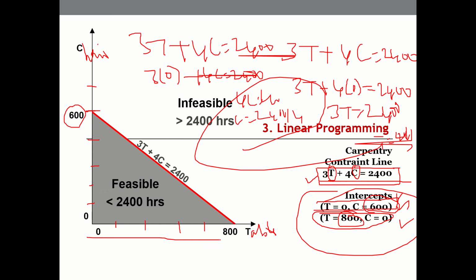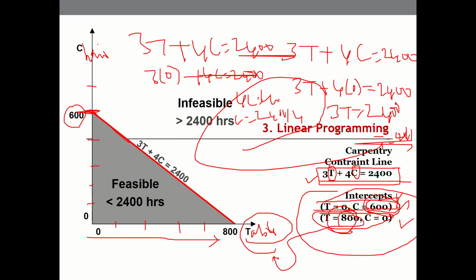Similarly, on the x-axis, we can divide this into hundreds. What are the intercepts that we have got? The intercept is 600 chairs. We mark 600 on the y-axis, and 800 tables, the 800 intercept for the table, on the x-axis.